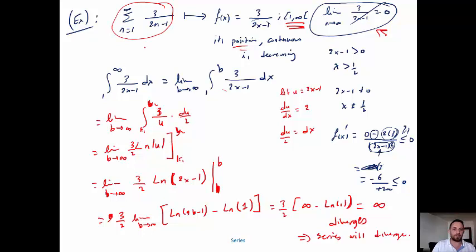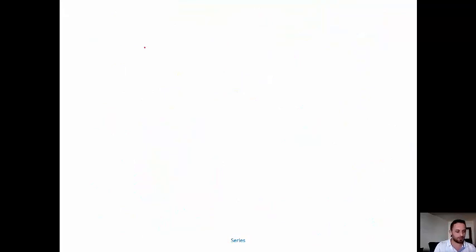Okay, let's take another example: the series of ln n over n. Again, in the integral test, you create a function ln of x over x.